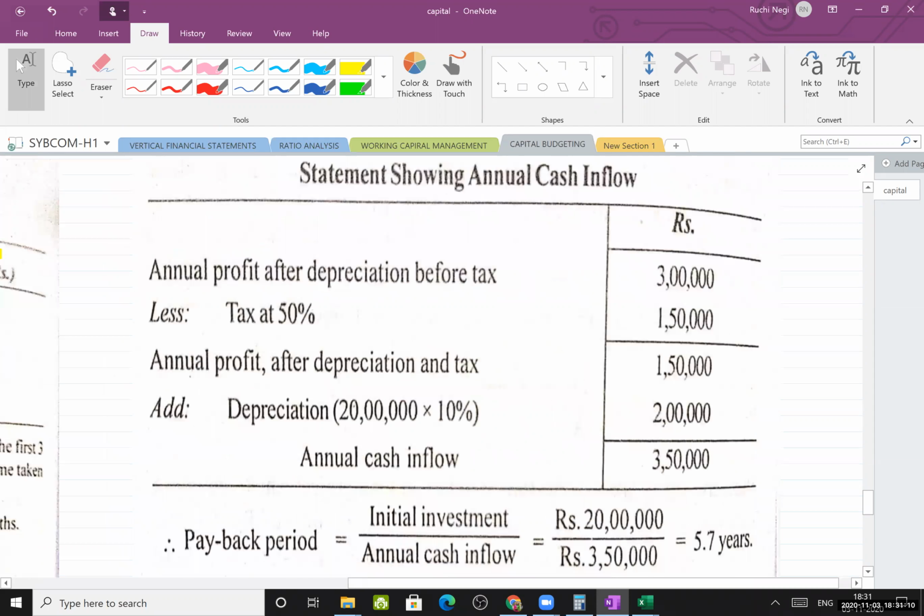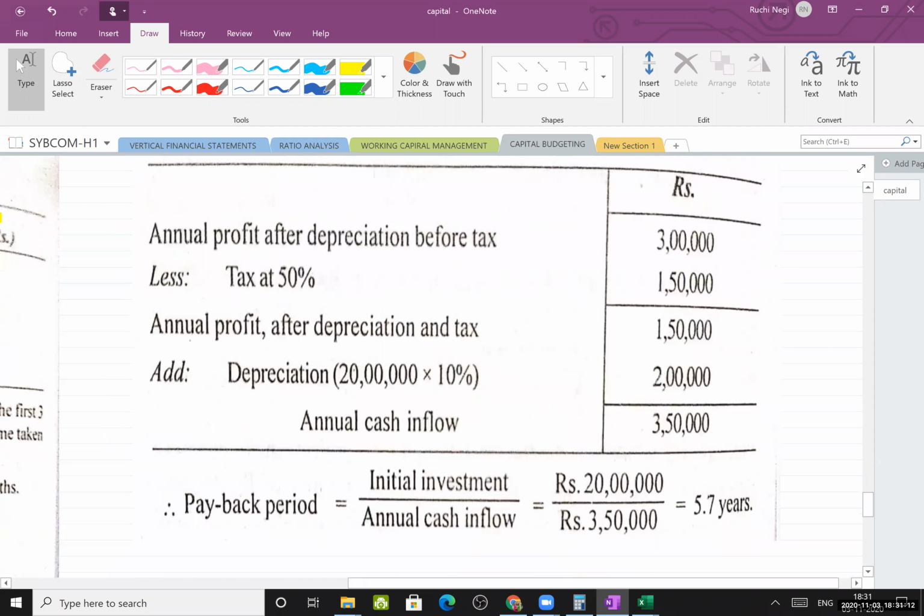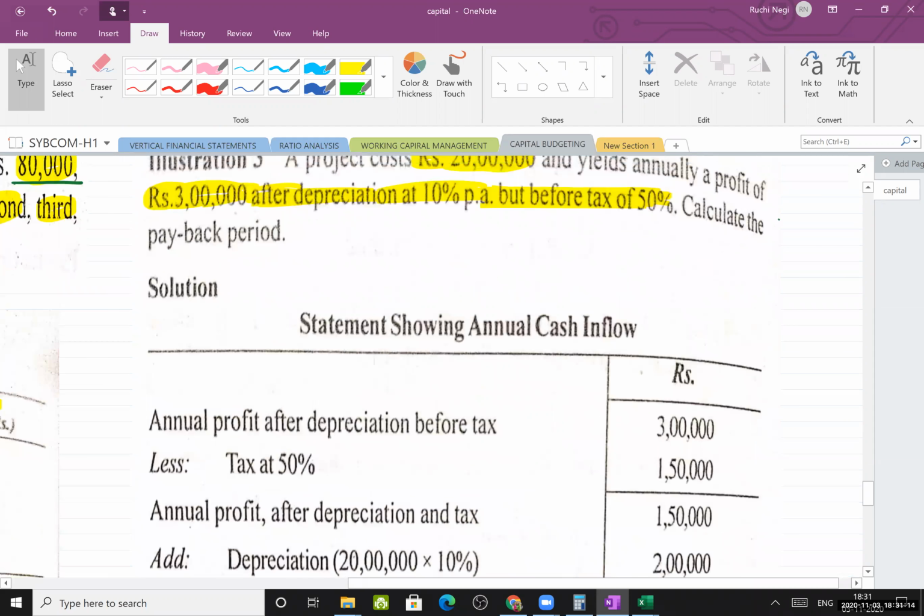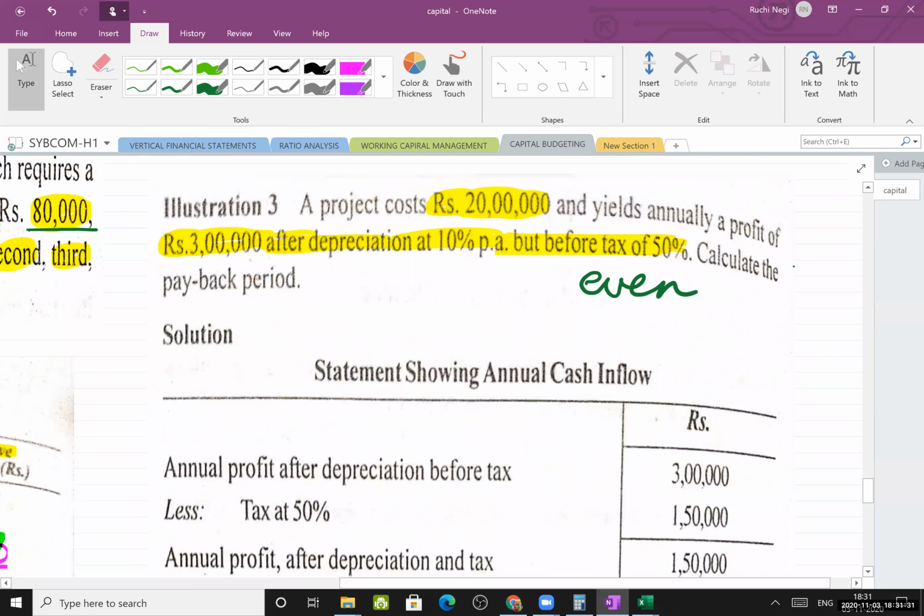So in this case, what is your payback? Your payback in this case, it is even. ये वाला कौन सा था? ये uneven वाला sum था. This was uneven cash inflow, and this sum is of even cash inflow. How do you come to know this is even cash inflow?